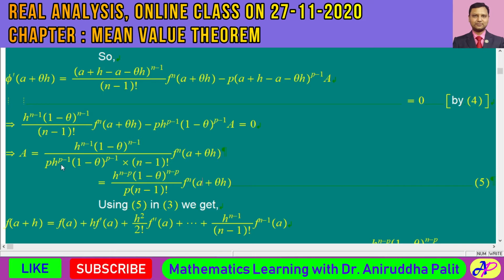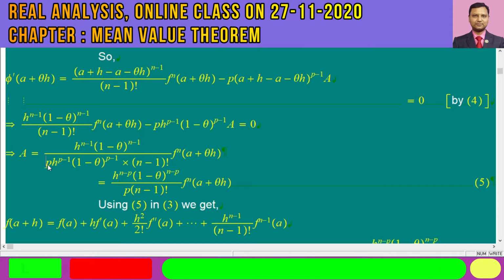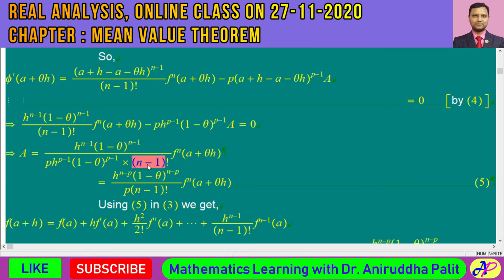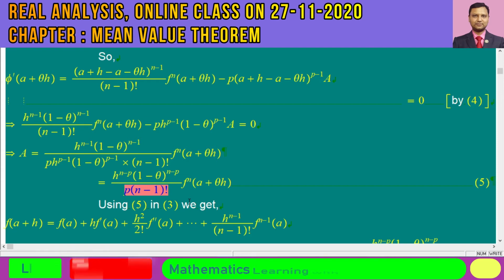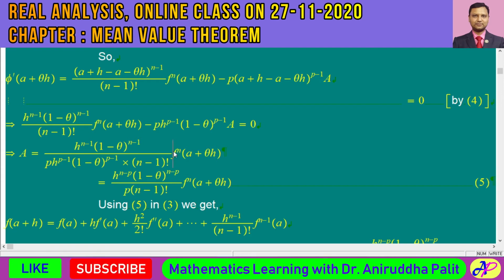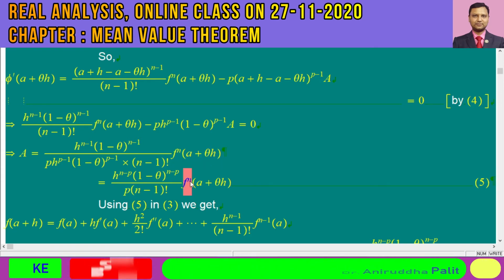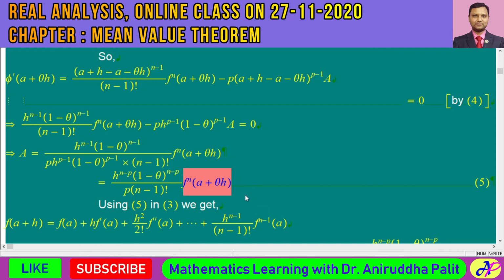And the remaining portion, this p and factorial of n minus 1, would remain in the denominator. So p into factorial of n minus 1 is there, and the remaining factor is fn at the point a plus theta h.